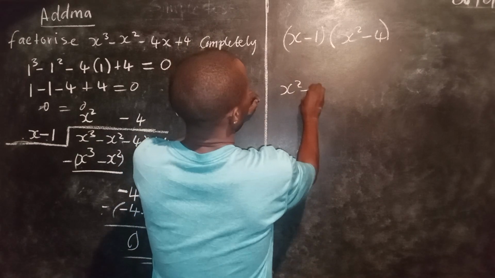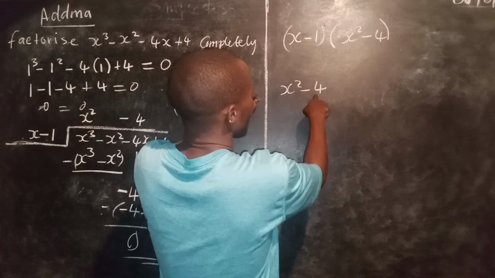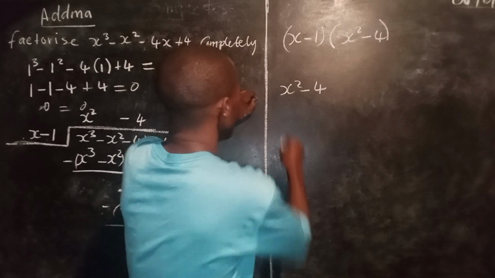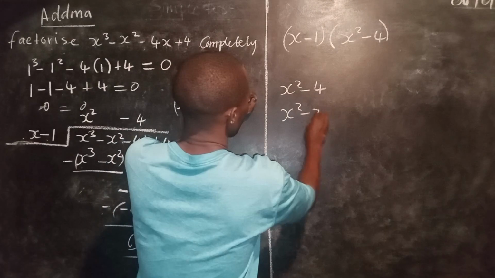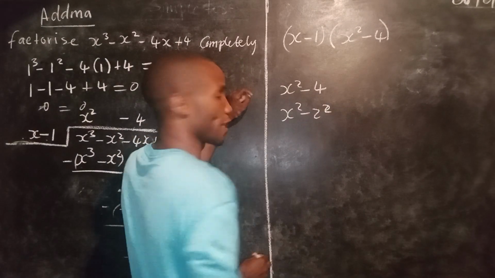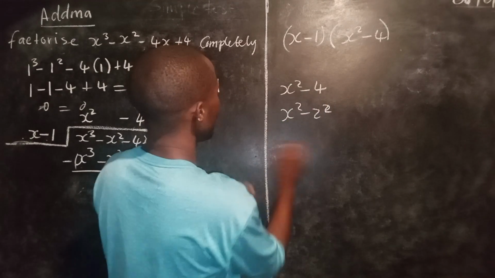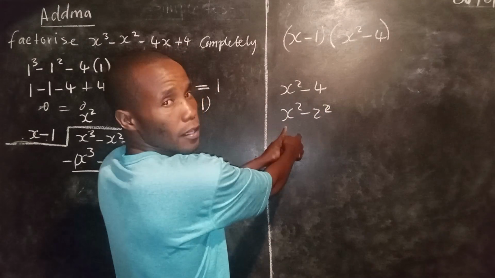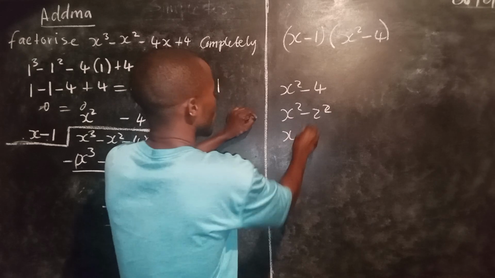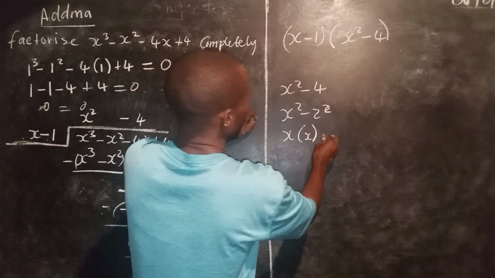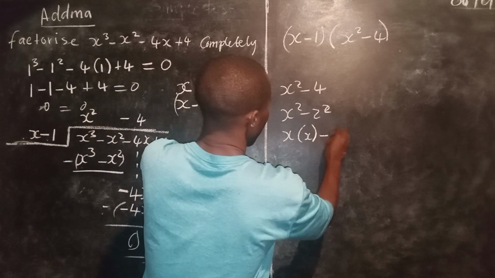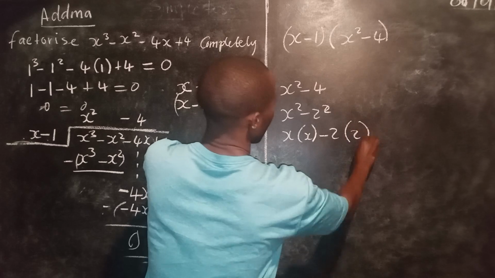x squared minus 4. So this 4 can be written in index form. So it will be x squared minus 2 squared, because this is the same as that one. Then from there, since we have 2x there, we separate them, minus 2x, plus 2x, like this.